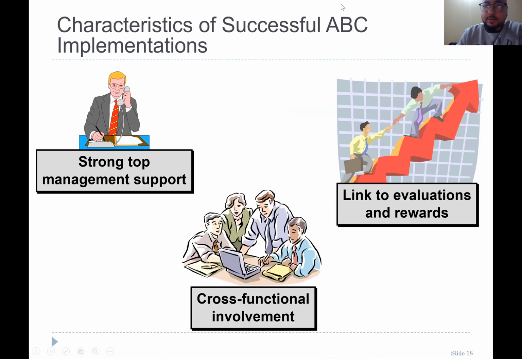So some characteristics of successful implementation of ABC. First of all, it requires strong top management support. And why is that? So up till now, what we have discussed are different costing methods, and those can be easily understandable from a managerial perspective. So you are a cost accountant or a management accountant, sorry.